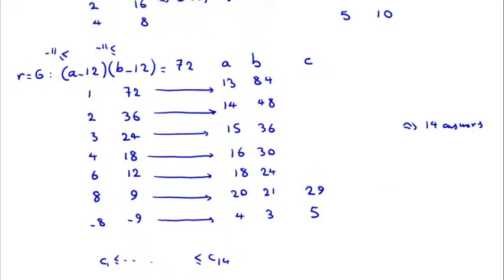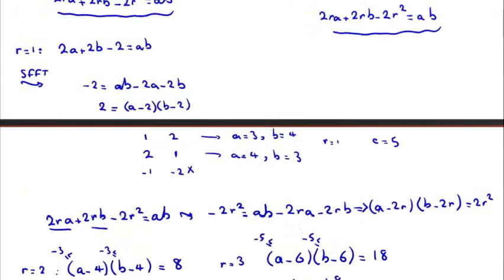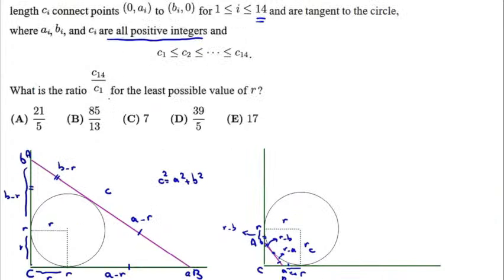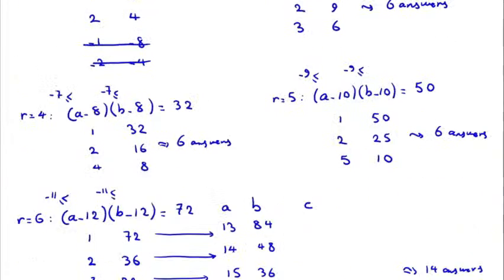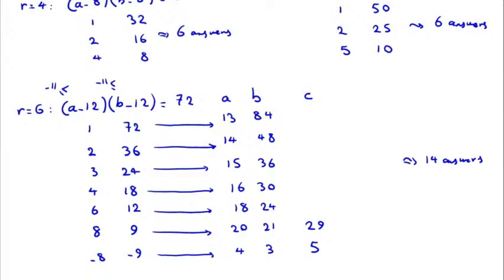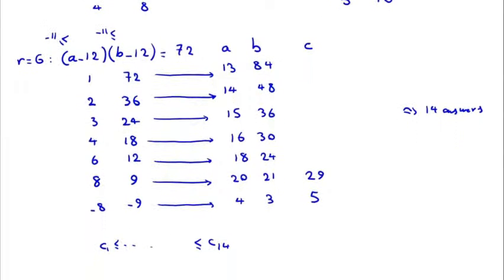But the problem says what? The problem says find the C14 over C1 for the minimum R. And this R is minimum. R equal to 6. C14, the greatest one over the smallest one. Obviously, we can say C1 is 5, the smallest one. And the greatest one is this one, because 84 is greater than the others.